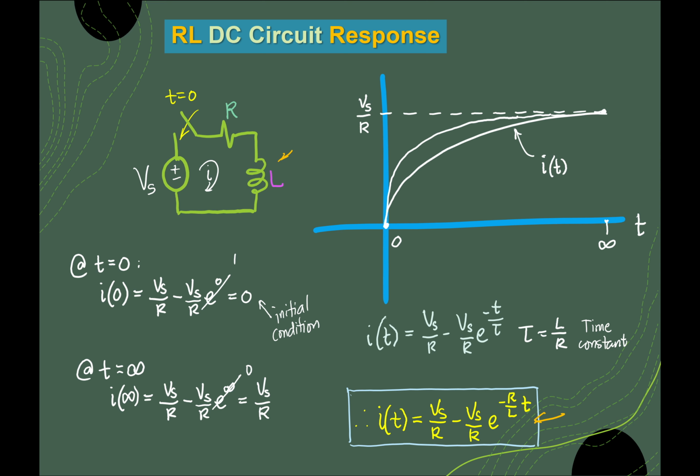So by changing the ratio of L and R, if you have a lesser L, it might be closer to, like this one, this might be a lower L from the previous curve. So it depends on your L and R.